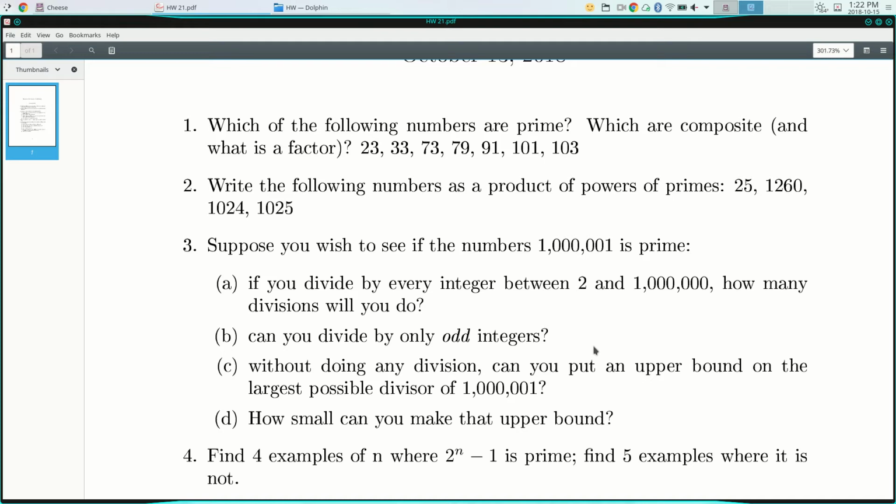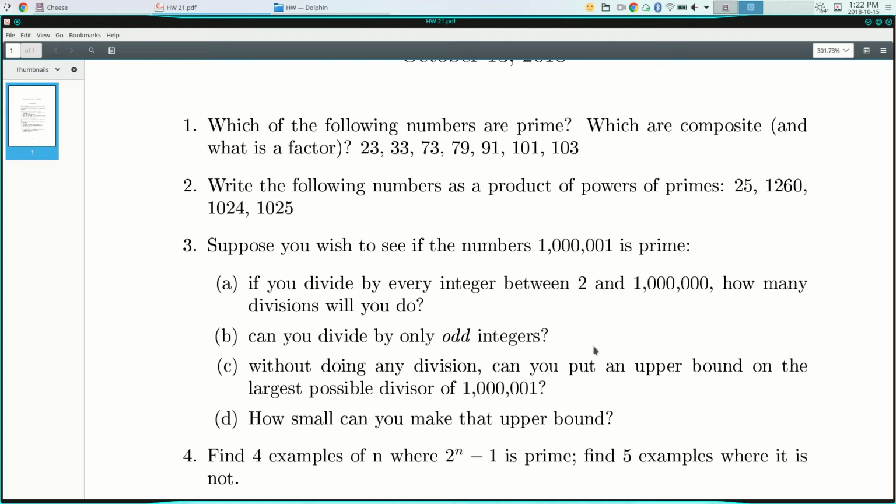Because you only need the prime. Oh, we're trying to find where it's not. I'm just pulling it out, but these are wrong. Oh, 5.